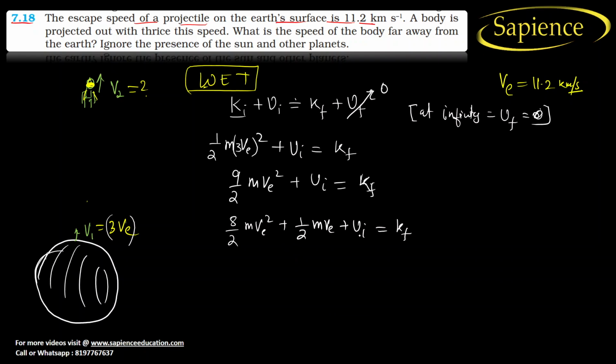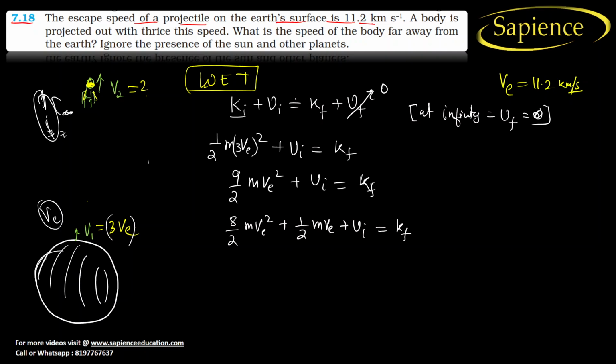Now tell me, if you project any body with the escape velocity, what will happen at infinity? The total of the kinetic energy due to escape velocity and the potential energy due to gravity will become 0.